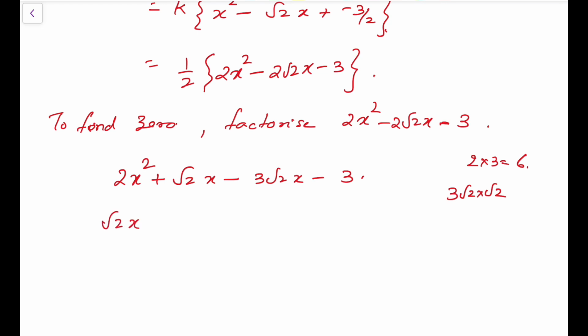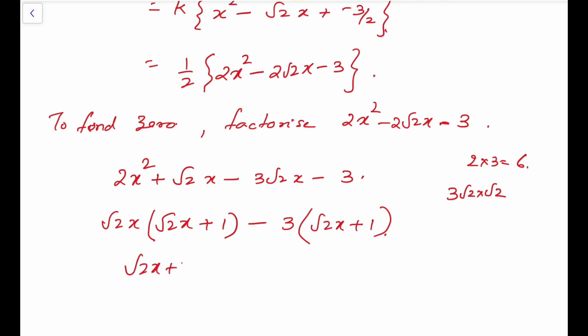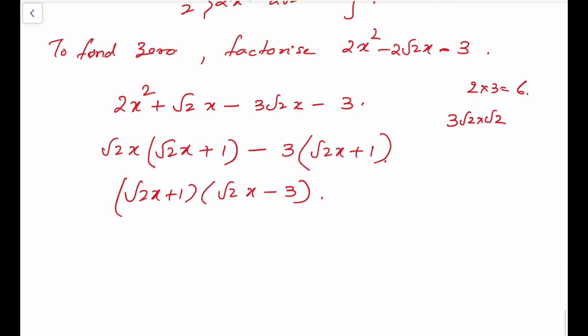Here root 2x will be common in the first two terms, so we will take it out. In the first term it is 2, and 2 can be written as root 2 into root 2, so one root 2 has come out. So it is root 2x plus 1. Similarly in the second, minus 3 we will take out, so root 2x plus 1. So this will be root 2x plus 1 into root 2x minus 3.